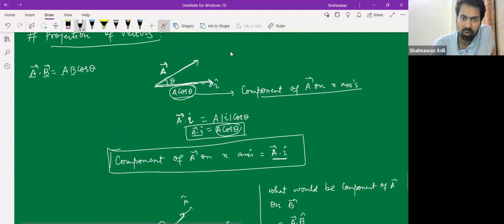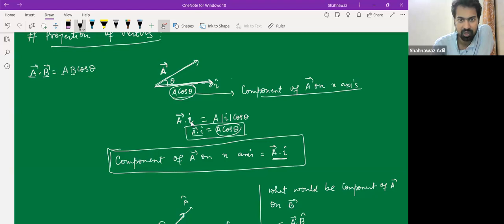So this is A cos theta, right? And I can write this A cos theta as A vector dot I hat. So if I want to calculate A dot I, this would be A B cos theta, where your A is this A vector and B is this I hat.